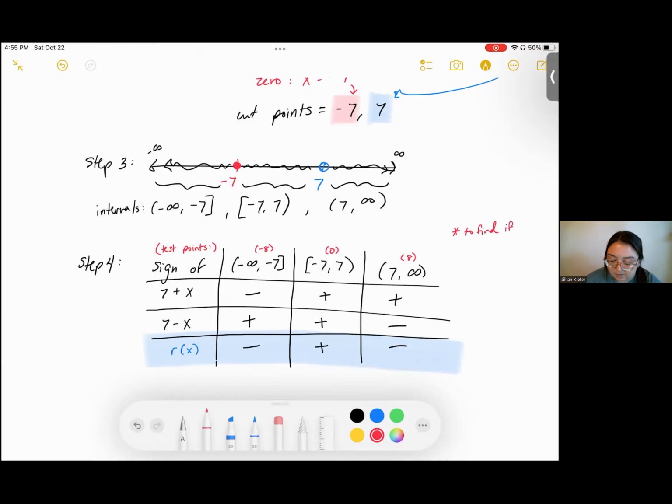So to find if R of X or P of X, a polynomial like the last example we had, so to find if your rational function or your polynomial is positive or negative on an interval, you can count the number of negative intervals from the factors. We're just going to say in the column.